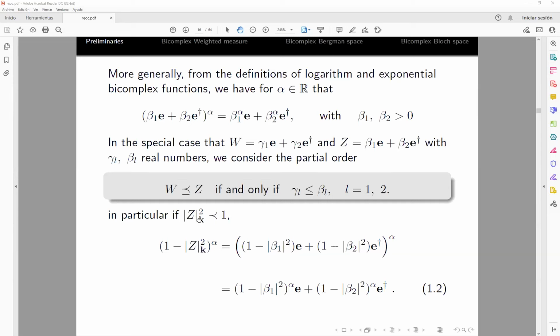Of course, it's not exactly a norm, but I will say key norm. If this norm is less than 1, but of course recall that this is partial order.